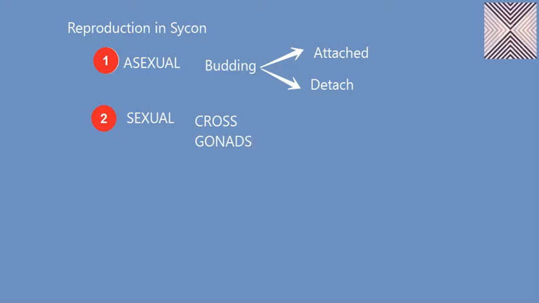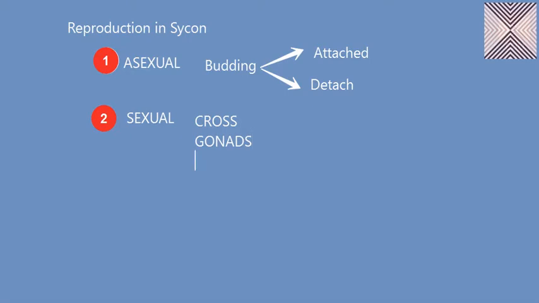There are no special gonads in the case of Sycon, as we have seen in the previous videos, that there are no special organs. So the sperms and ova are formed inside the mesenchyme. These are the gametes. Gametes are formed in the mesenchyme, the centermost layer of the Sycon, and these are formed from archaeocytes.